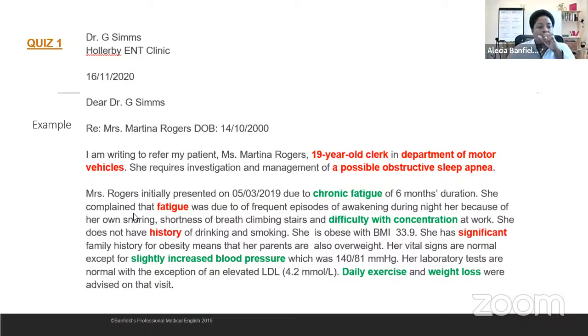But grammar-wise, if you use the collocation complain of, you have to change up the sentence a bit. You would have to say, she complained of fatigue with frequent episodes of. You have to change it a little bit.